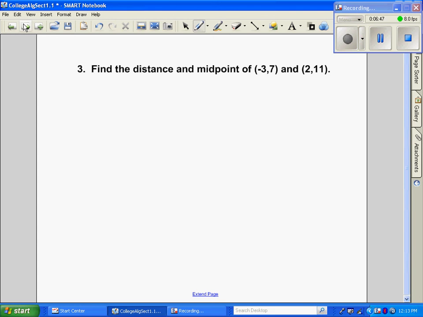First we're going to put our distance formula. Distance is equal to the square root of x2 minus x1 squared plus y2 minus y1 squared. Now we're going to substitute these in. If I was to label these, this is x1, y1. This is x2, y2.